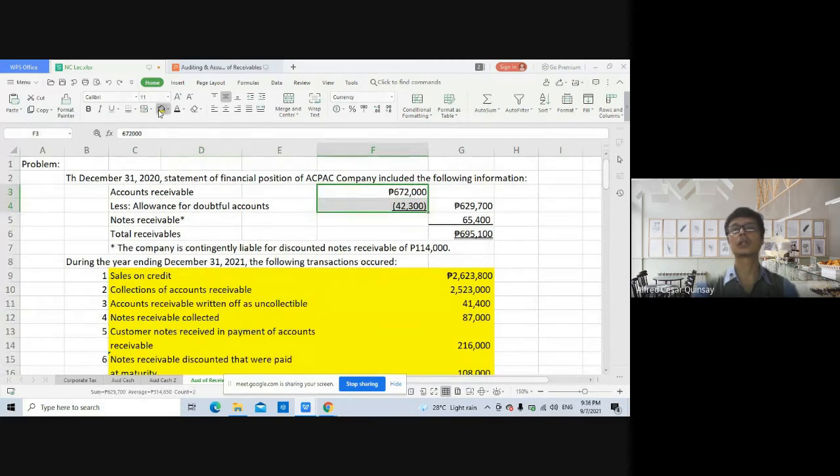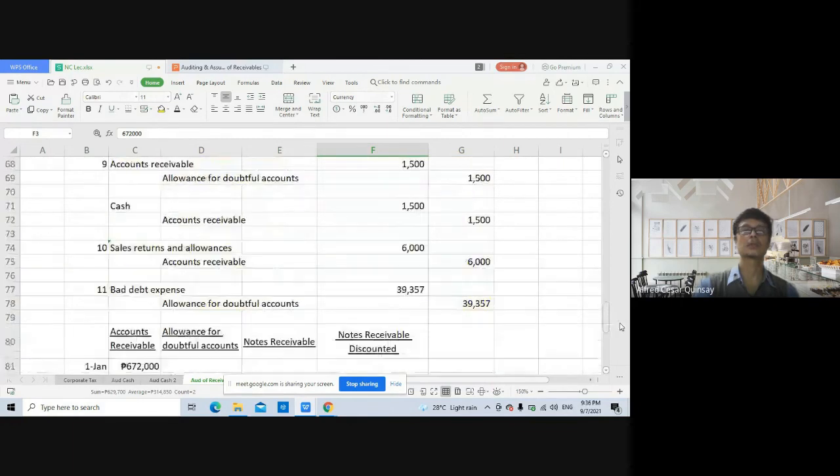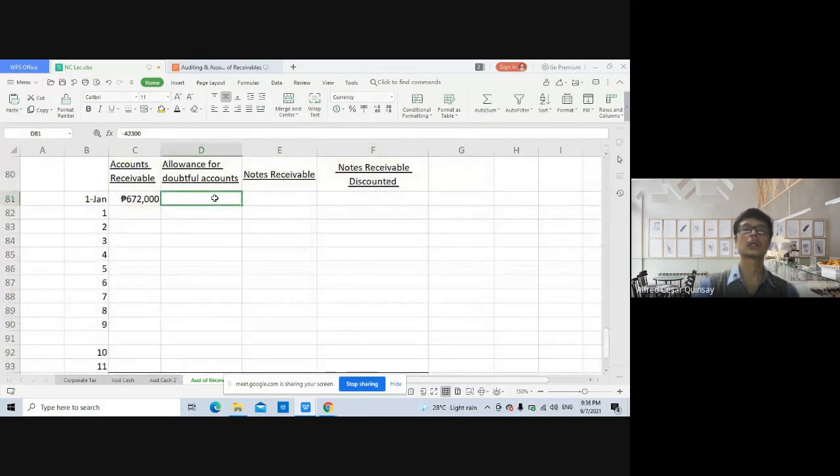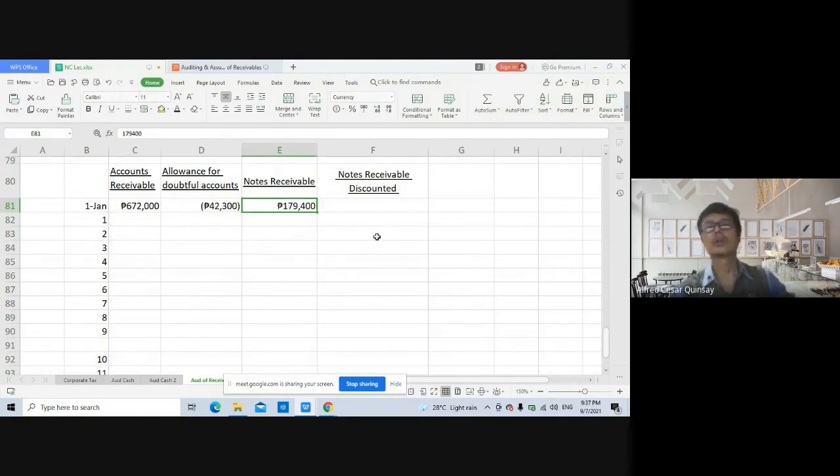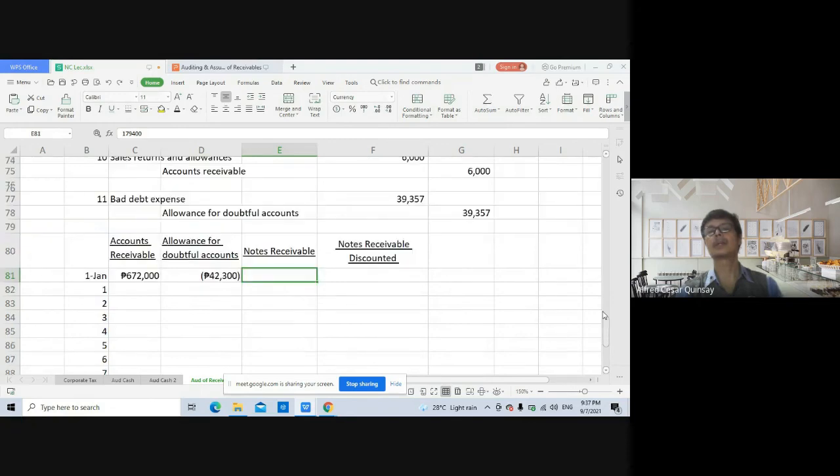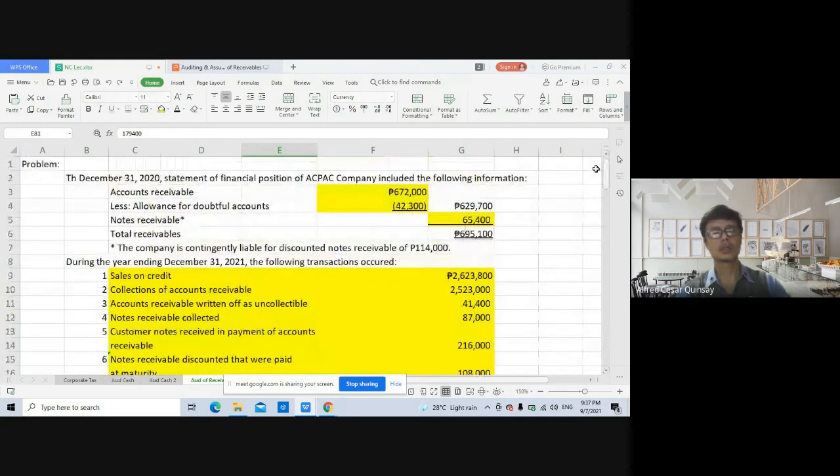So ibidilawan na natin, ha, para alam natin na ginalaw na natin siya, no? This is 42,300.